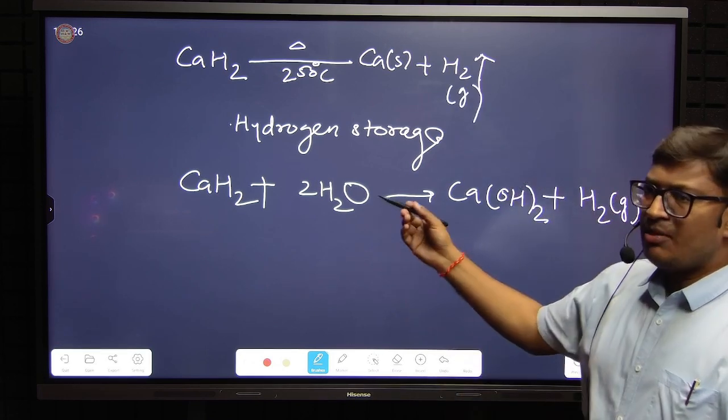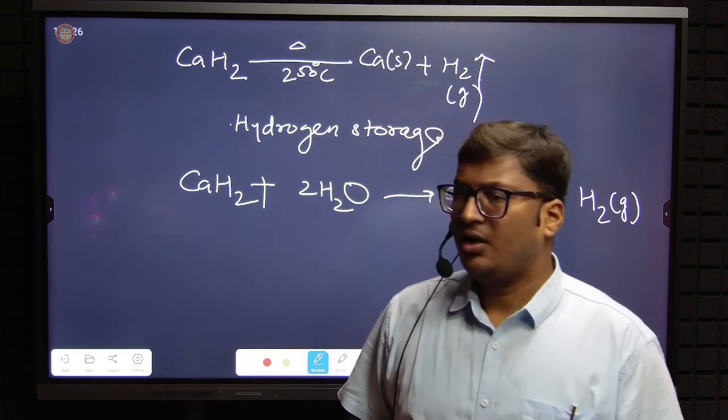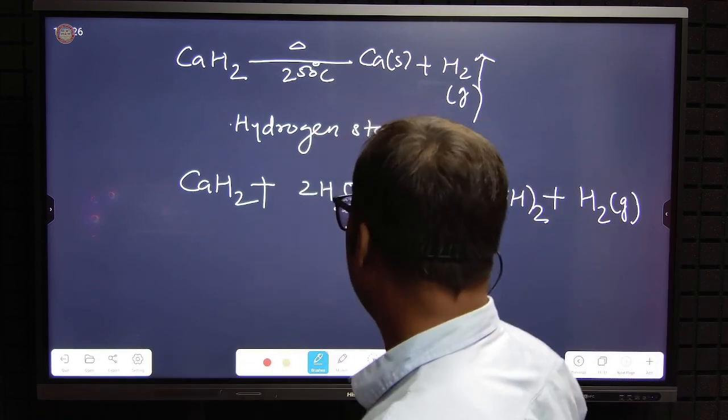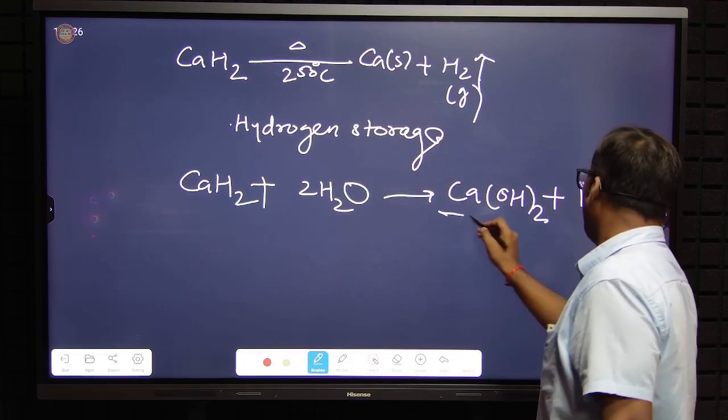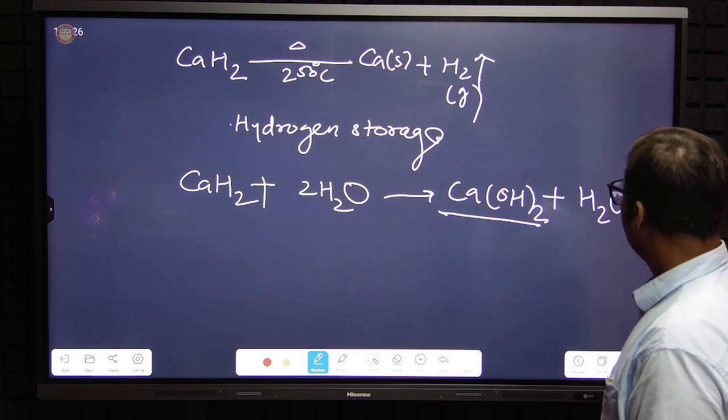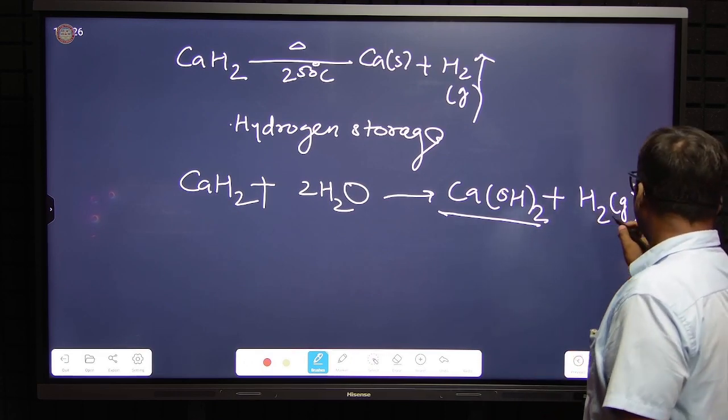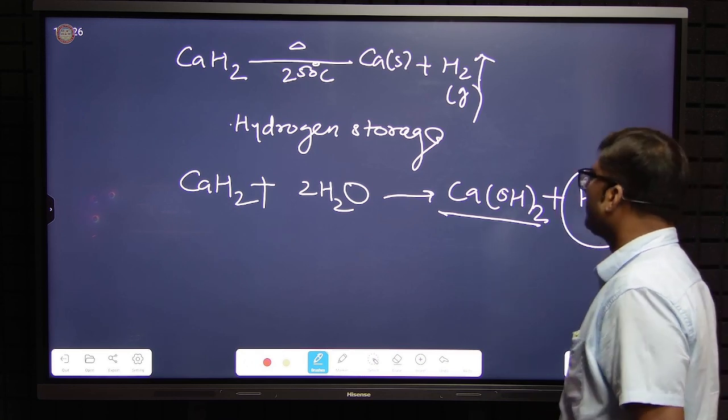Calcium hydride reacts with water at ambient temperature, forming calcium hydroxide and hydrogen gas.